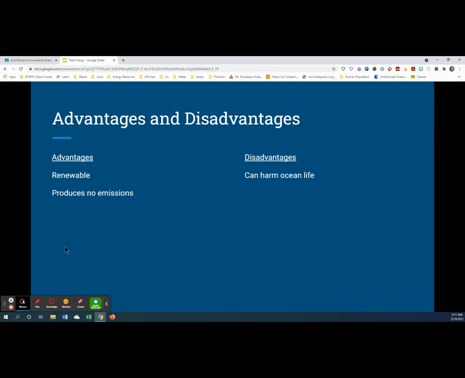But there are a lot of disadvantages to geothermal and to tidal energy and also to wind energy. So even though these renewable resources sound amazing, like, yeah, we would love to get our energy from tides or from the earth or from the wind or from the sun, there are a lot of disadvantages to this sort of source of energy. And obviously the number one disadvantage is you're putting huge turbines underwater.